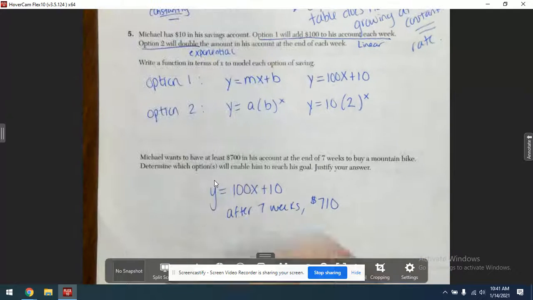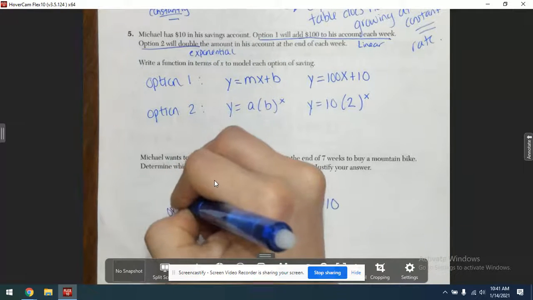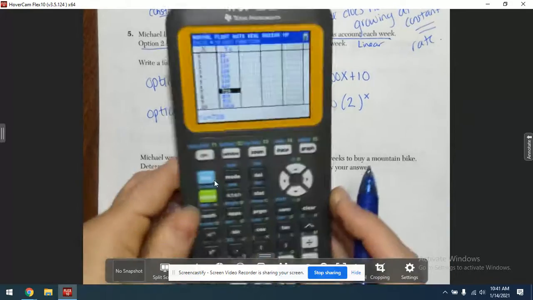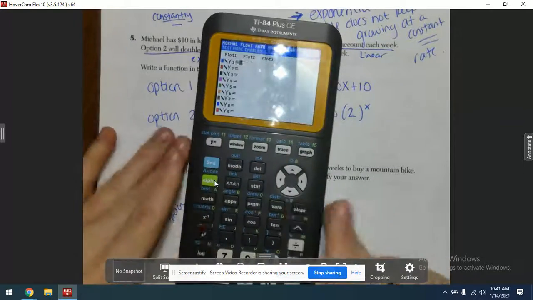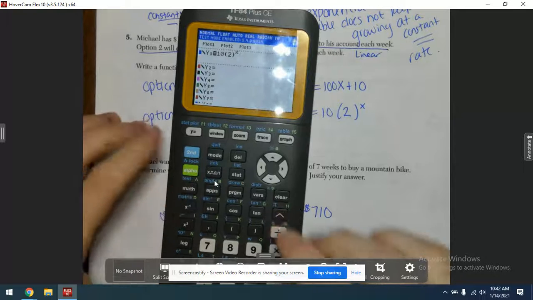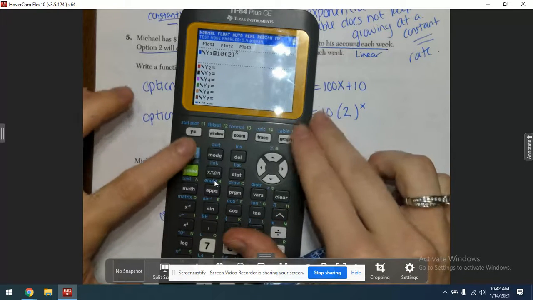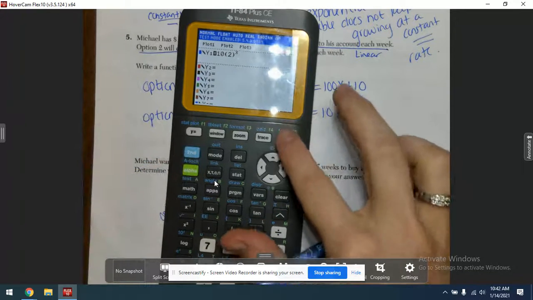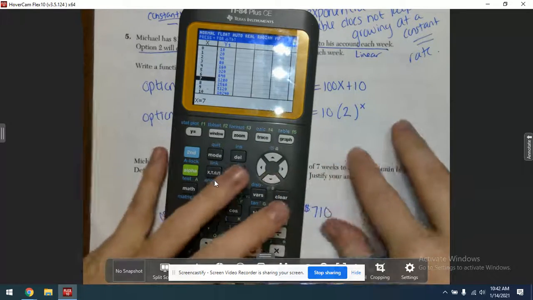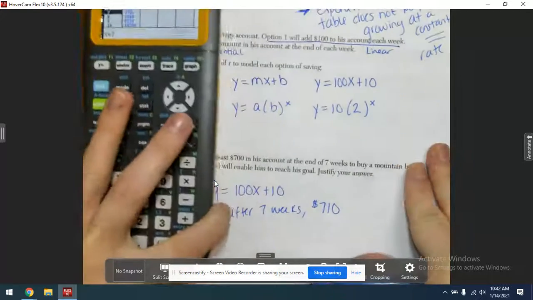Okay, so there's option 1. And now let's look at option 2. Let's go use our calculator here. And the equation is 10 times 2 raised to the x. And after 7 weeks, we're at 1,280.